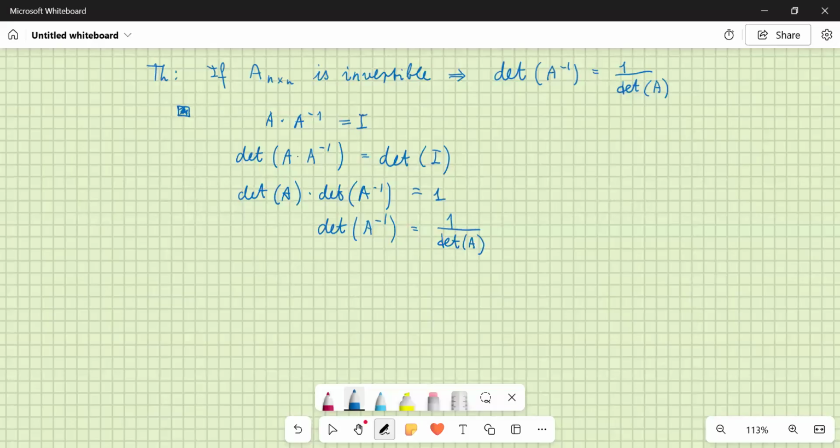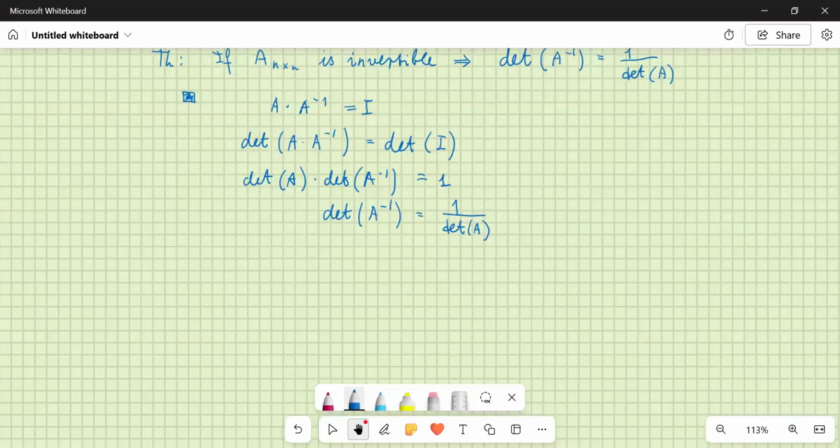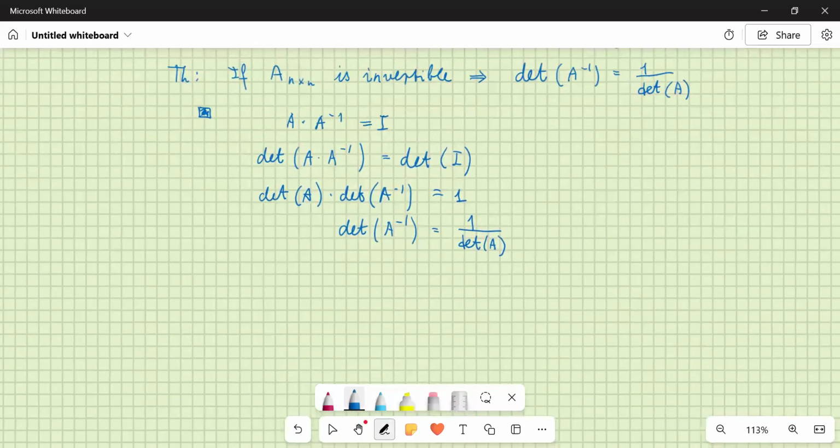We are going to move to something more interesting. As you probably remember, when I was teaching you how to find the inverse using the identity matrix and row elimination, I told you that I'm going to teach you another method of finding the inverse, and that's what we are going to do now.